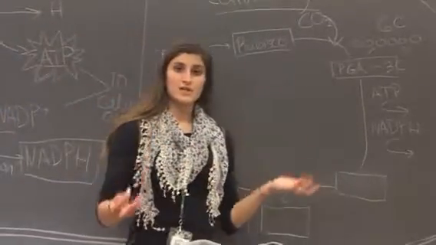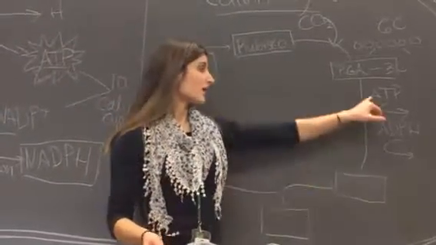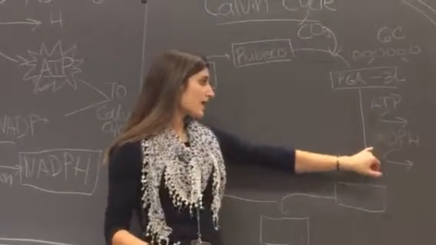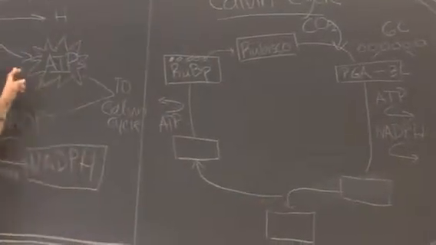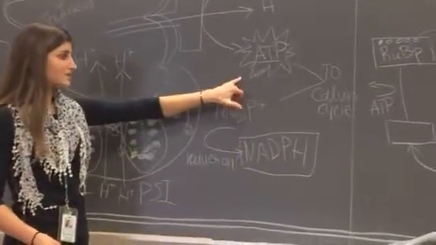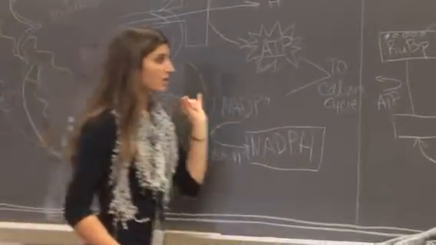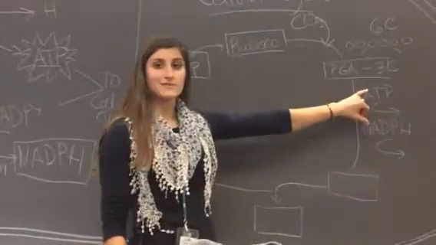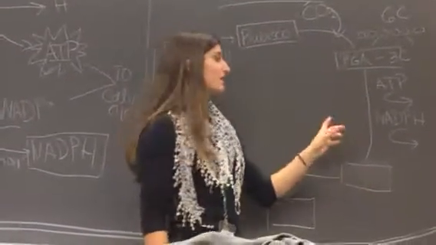All right, so now what's going to happen is this PGA needs to be rearranged a little bit. So in order to rearrange something, we need energy. We got these energy sources, ATP and NADPH, from our light reaction. So now they're actually being used. We're taking this ATP, we're taking this NADPH, bring it over to our Calvin cycle, and we're going to actually use them now.